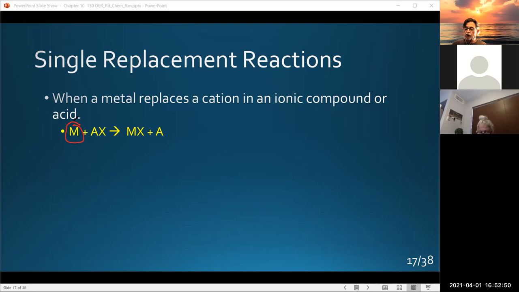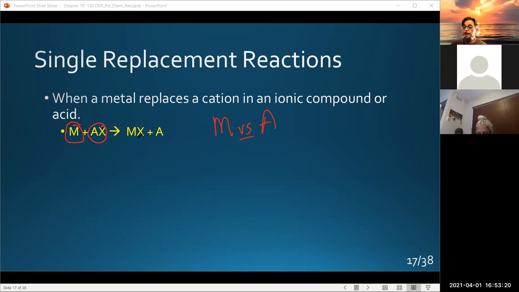Notice it's all by itself. The A, which represents the other metal, AX, is a compound. It is specifically an ionic compound. So we are comparing two metals, M versus A. M is in elemental form, the way it's written, and A is in ionic form because it is bonded with X, whatever X may be.